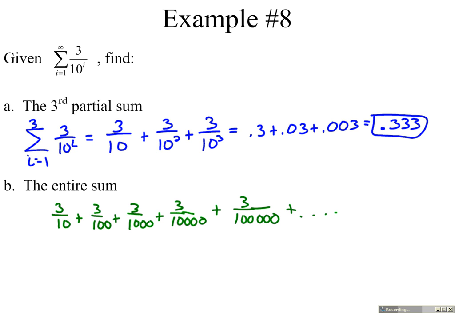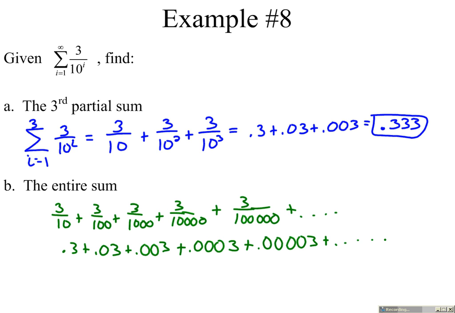and so on. Or in decimal form, 0.3 plus 0.03 plus 0.003 plus 0.0003 plus 0.00003, and so on, we can see that this is a decimal that is repeating. What decimal is that?